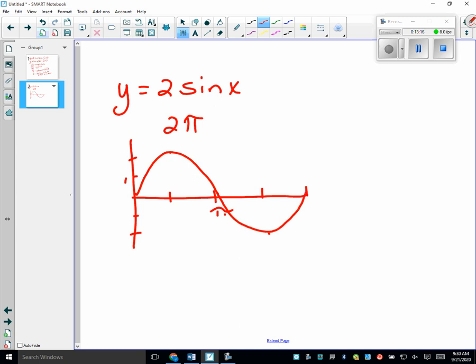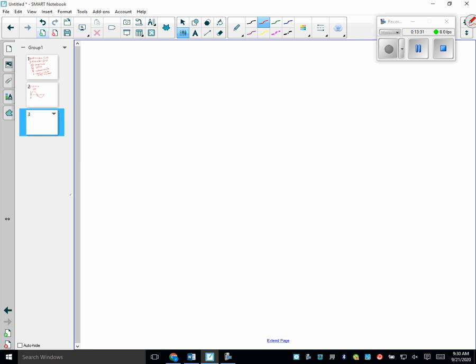Let's move some things around. Shall we? Just for fun. So let's do y equals cosine of x minus pi over 3.